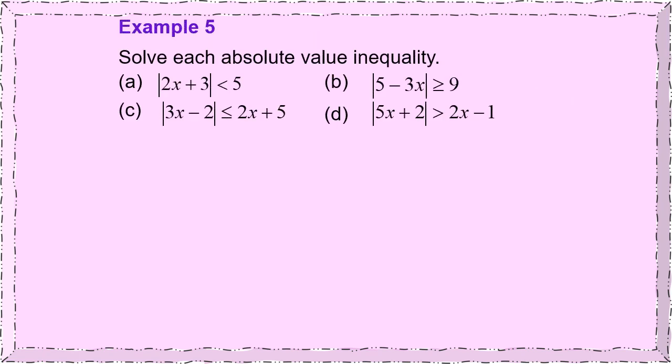So let's do example 5. Solve each absolute value inequality. Let us try one by one, following the definition given in the previous slides. For question A, absolute of 2x plus 3 is less than 5. Using the definition, follow the question for the first term, so we have 2x plus 3 less than 5.